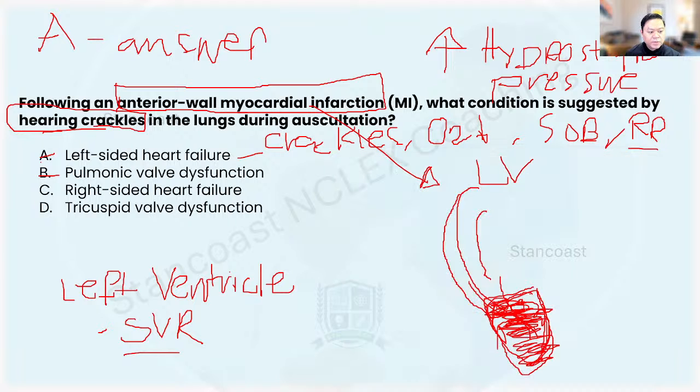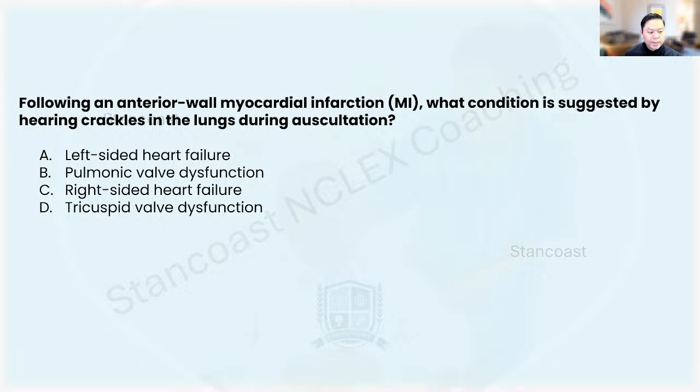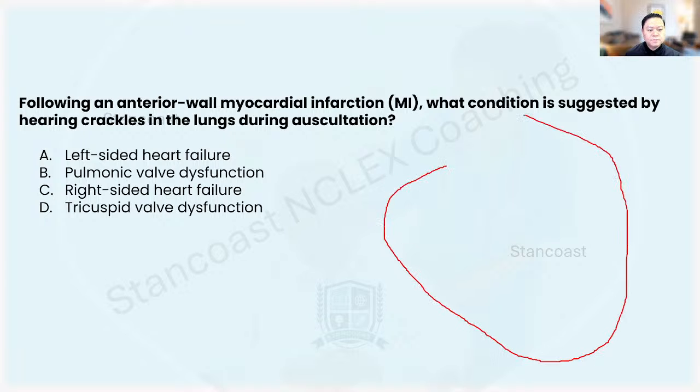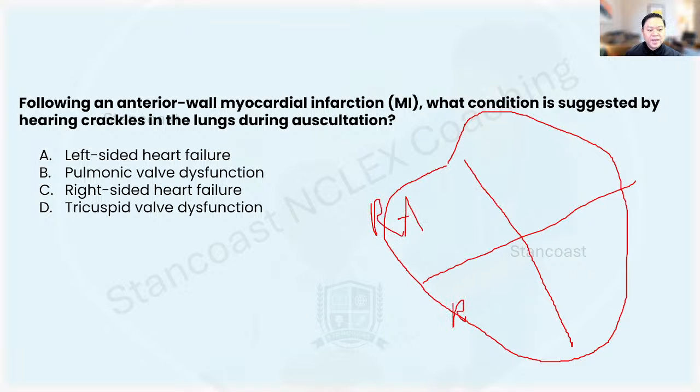Let me just erase this. Okay. With the pulmonary artery, let me create my own avocado heart. This is the right atrium, right ventricle, left atrium, left ventricle.